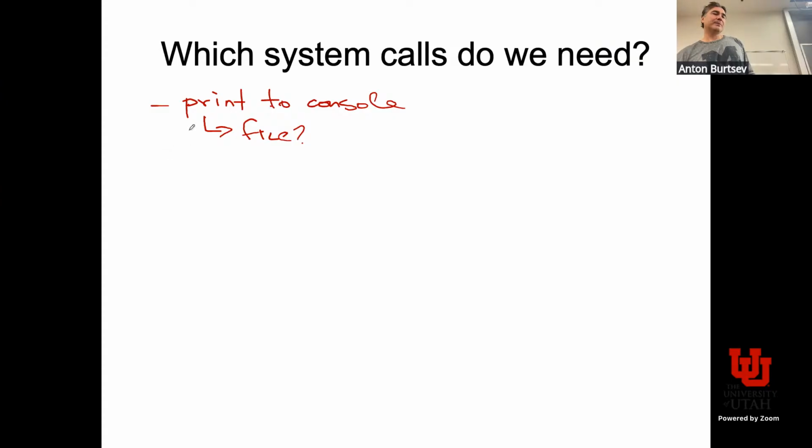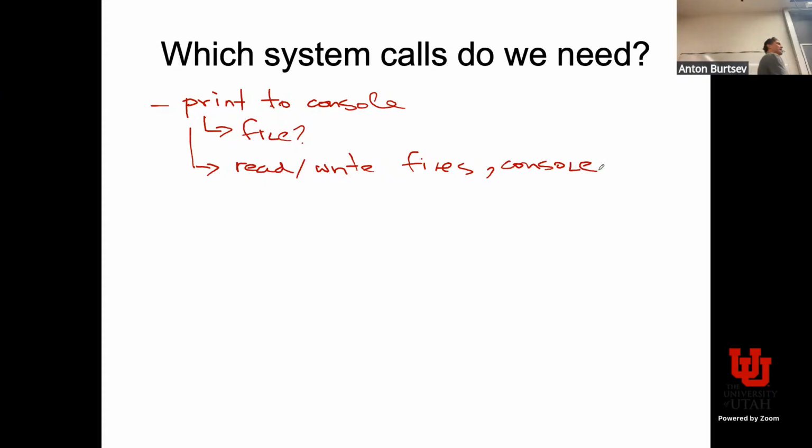And I would say, for the sake of sanity, and saying that we're not going to build something extremely esoteric, let's say that we want to have the ability to read and write files, and maybe console. And I agree with this. So what else? What else do you need?